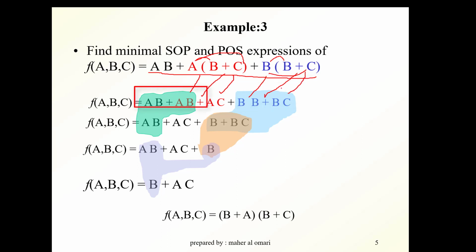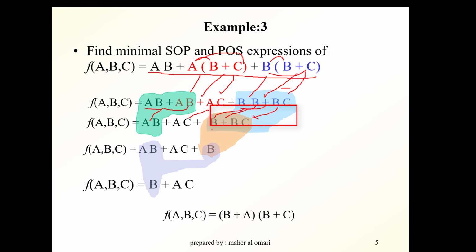Let's take these two terms together. AB ORed with AB is AB. And this is the same. Of course, BB is equal to B. And this is the OR. And this stays the same.